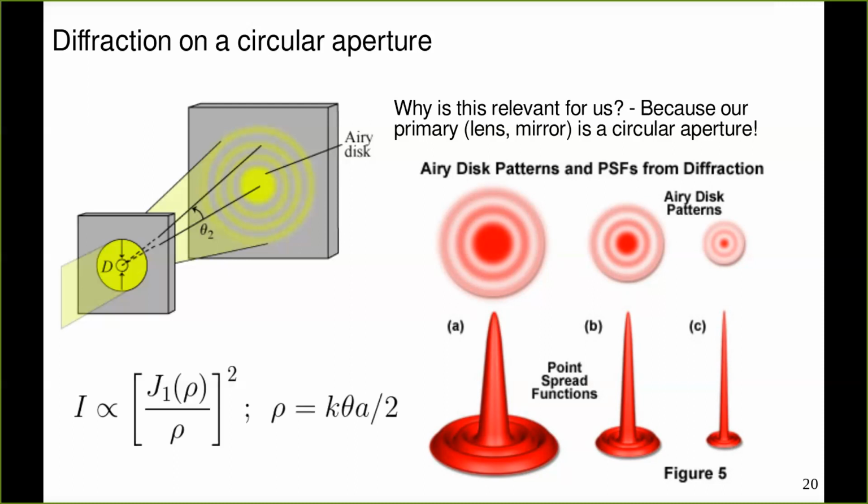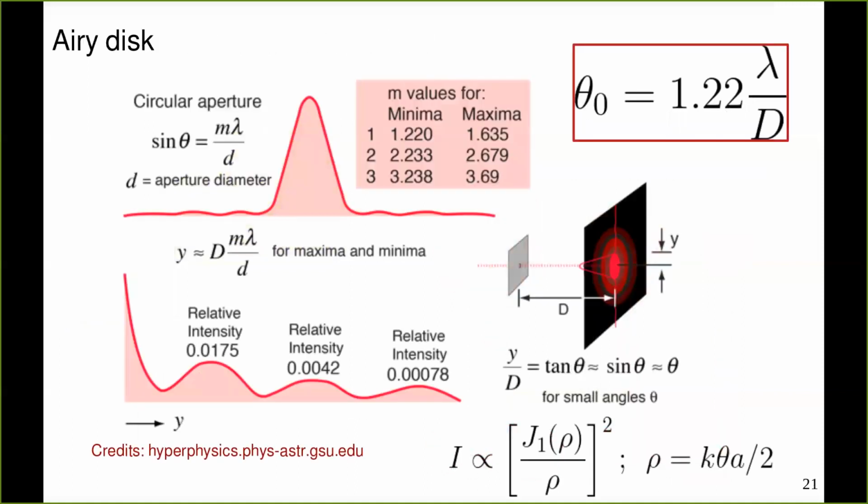The primary maximum would be really, really strong. The secondary ones would be significantly smaller, but still detectable. Since your aperture is azimuthally symmetric, your interference pattern also has azimuthal symmetry.